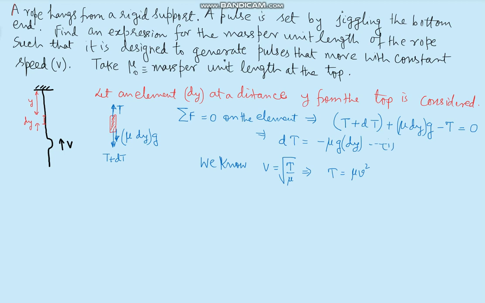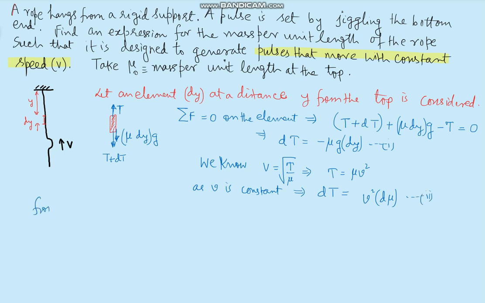Mind it, v should be constant, because they have informed us that it is designed to generate pulses that move with constant speed v. Therefore dT will be equal to v square into d mu. I hope you got this idea. Let this be the second expression.